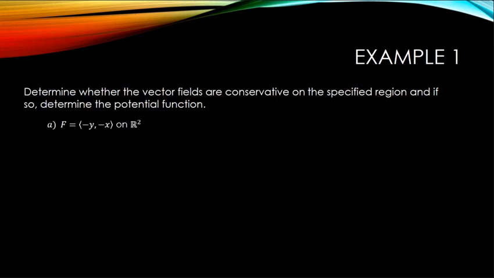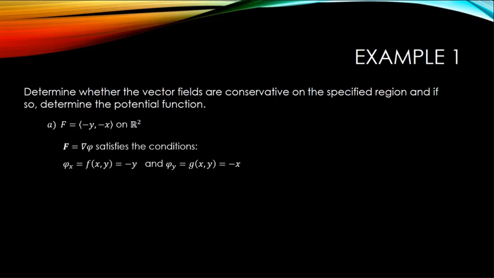So now I need to find the potential function. I'm going to first find the potential function for my vector field given by a vector with components -y, -x on R2. F is equal to del phi satisfies the conditions that the partial of phi with respect to x is equal to f of xy, which is equal to -y in this case, and the partial of phi with respect to y is equal to g of xy, which is equal to -x in this case.